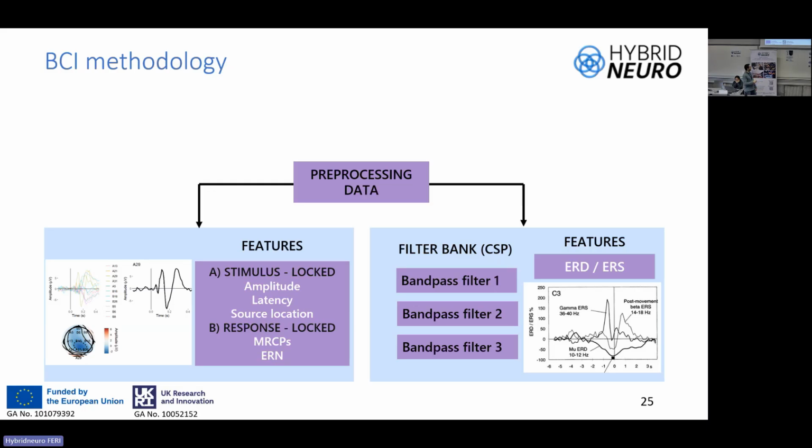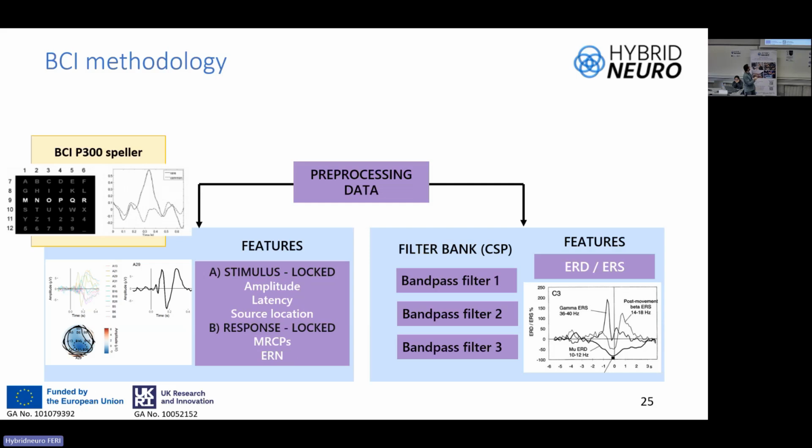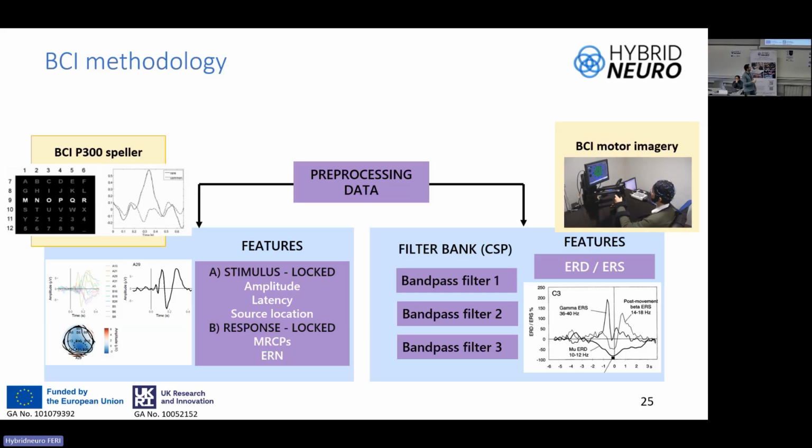But we can work also applying some filters, applying the common spatial pattern in order to obtain some features related with the single trial analysis. So in this case, a typical analysis with the average potential is the speller, the P300 speller, and a typical analysis using a mix of both technologies is motor imagery, for example.